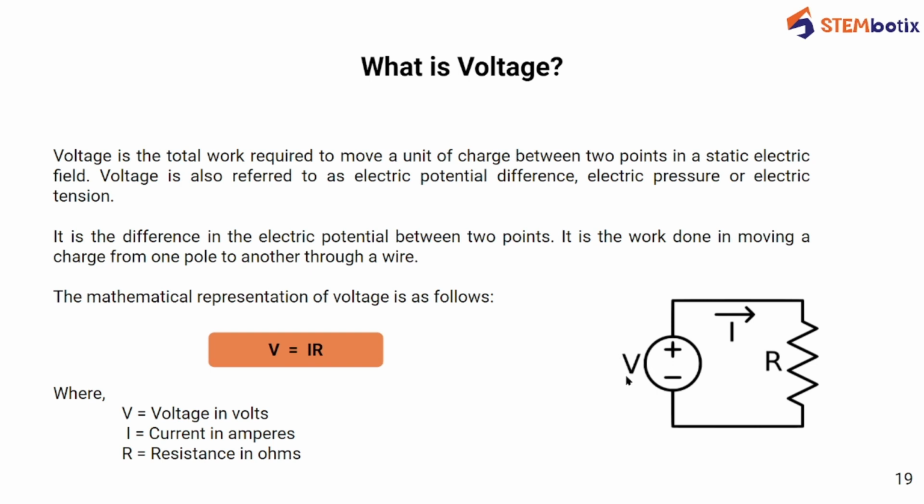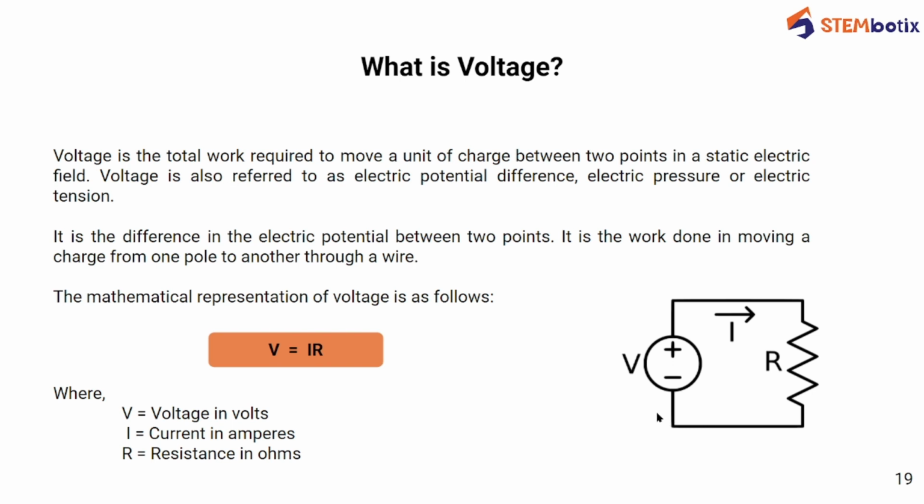Here, this is your voltage source, this is your conducting path or cable, and this is the load. Whenever there is a potential difference between 2 points, the work done in moving charge from one pole to another is your voltage.